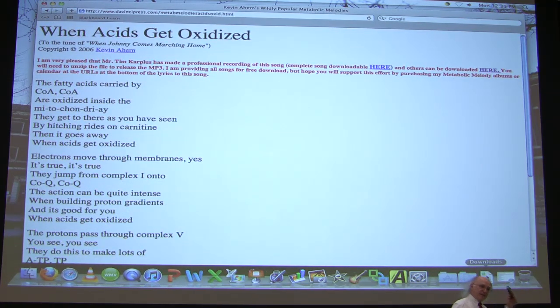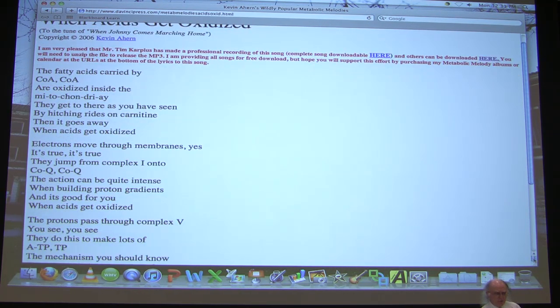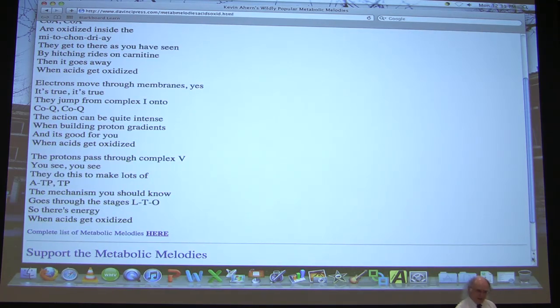The fatty acids carried by CoA are oxidized inside the mitochondria. They get to there, as you have seen, by hitching rides on carnitine. Then it goes away when acids get oxidized. Electrons move through membranes, yes, it's true, it's true. They jump from complex 1 onto CoQ.